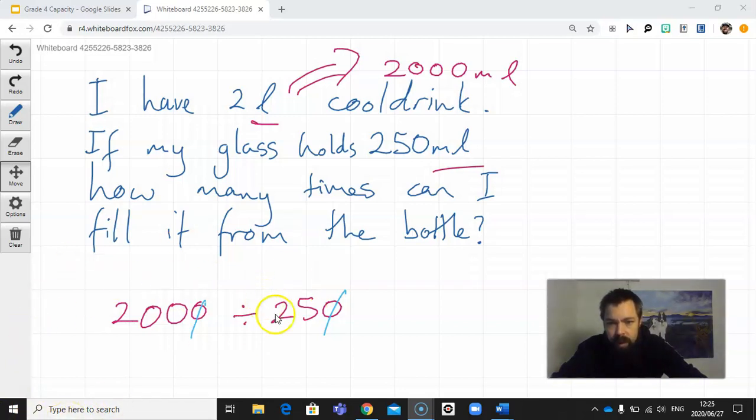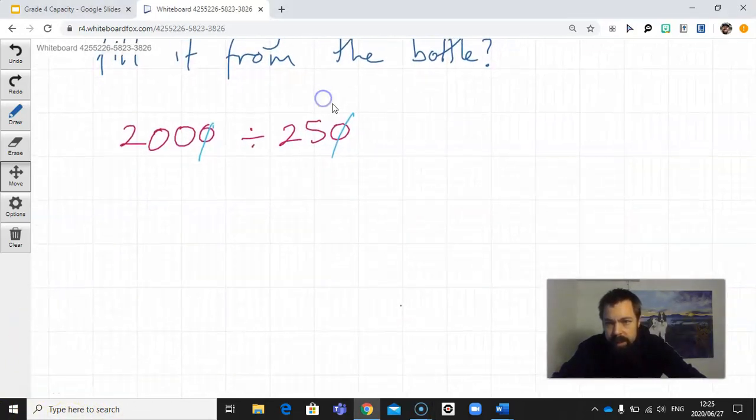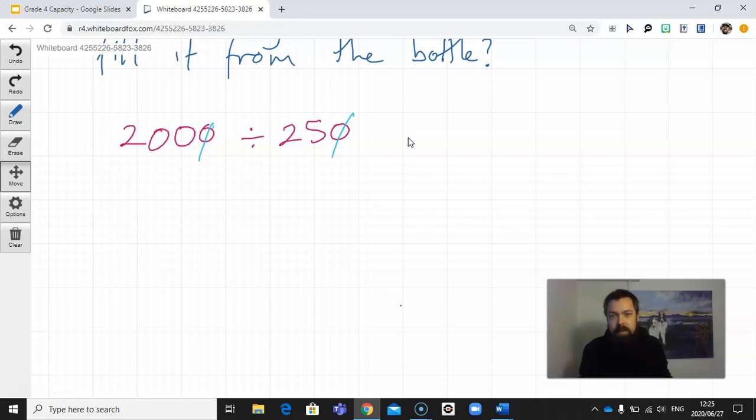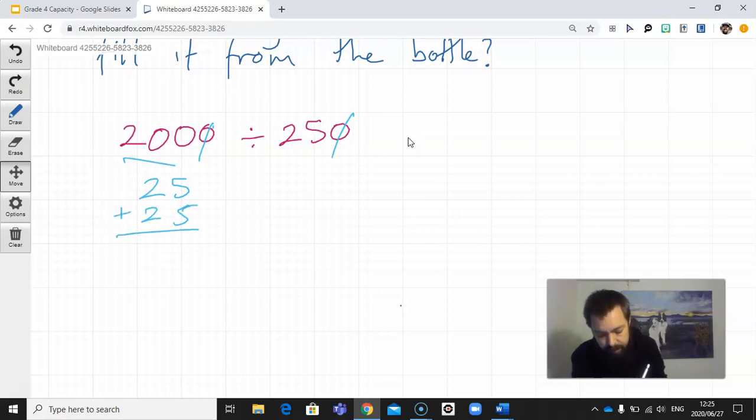So how am I going to go about this? Well, I think possibly at your age, the easiest thing to do is going to be to keep adding until we get to the right amount. So I'm going to add 25s until I get to 200. So 25 plus 25 gives me 50, plus 25 gives me 75, plus 25 gets me 100.